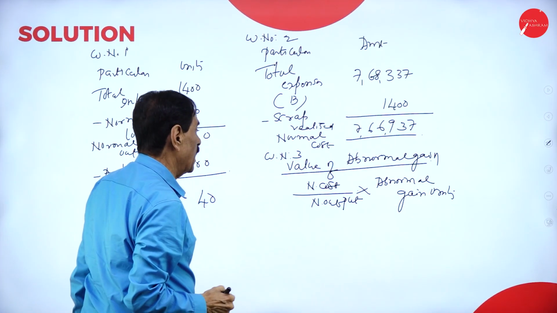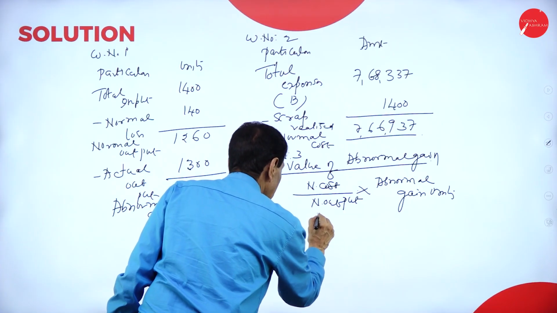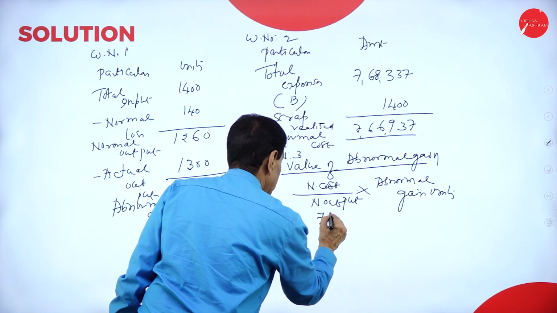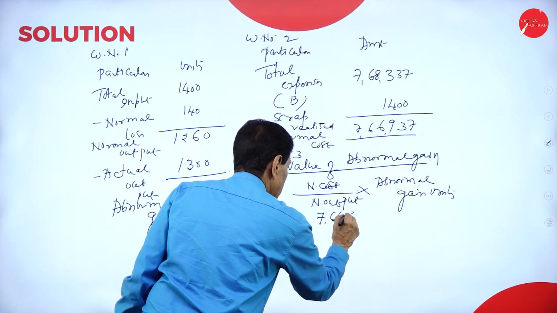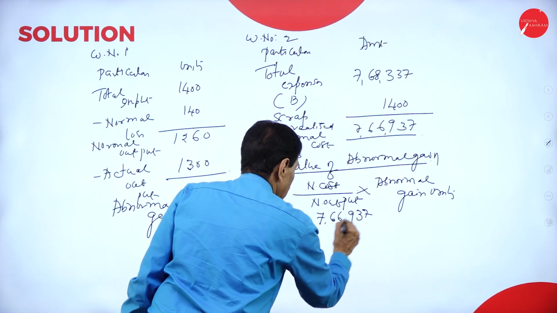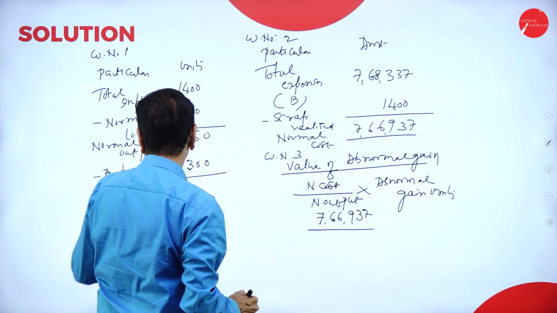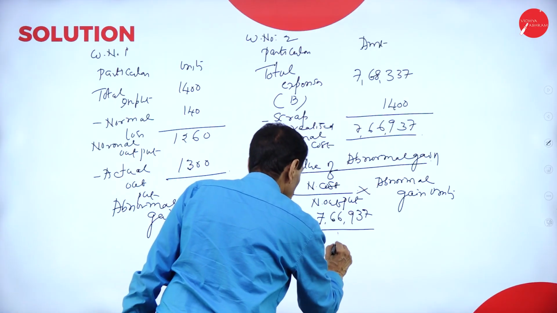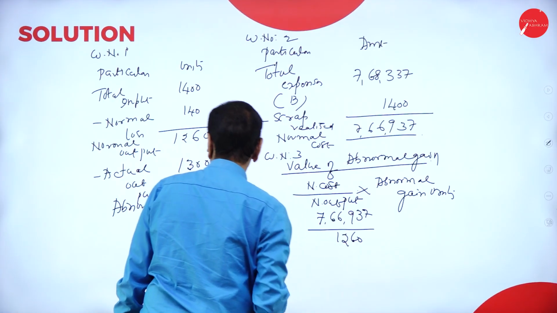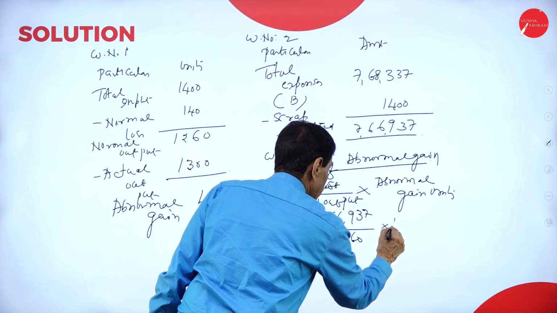What's your normal cost? 7,66,937 divided by normal output 1,260 into 40.